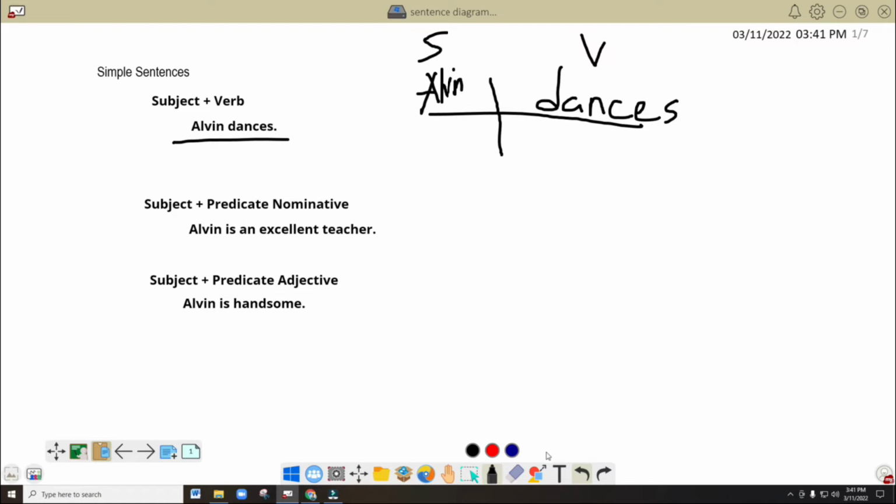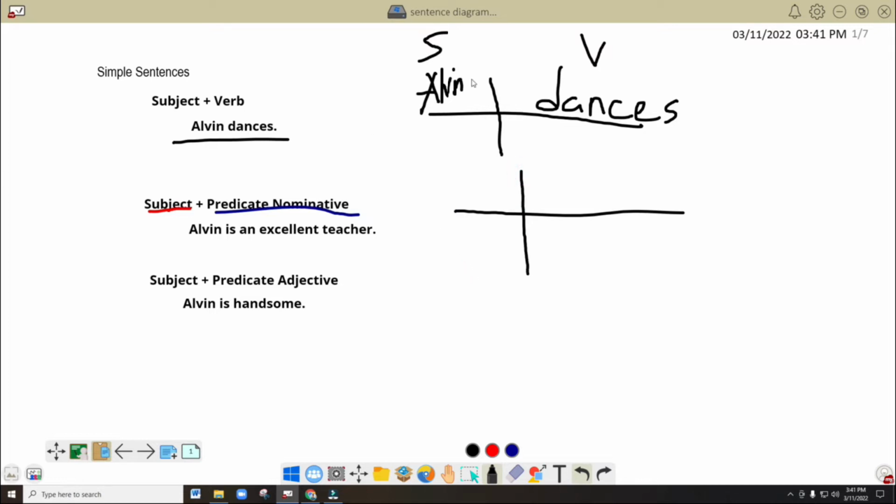Now, below, I think you could see that is a different one. We got the subject in here and we got the predicate nominative. So what is this predicate nominative? We have: Alvin is an excellent teacher. If we put this one into a diagram, how will it look? All you have to do is draw our lines again, this one and this one.